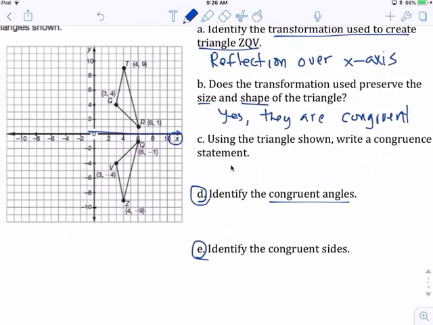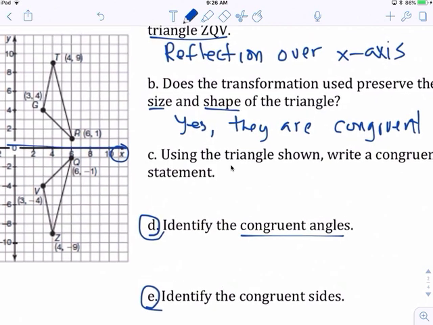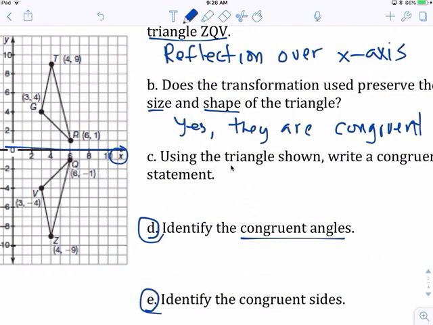Identify the congruent angles. Okay, let's look at the angles. Let's go to angle R. Okay, that is angle GRT.